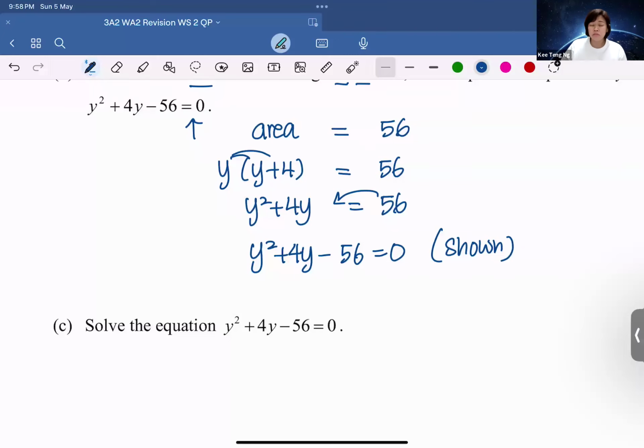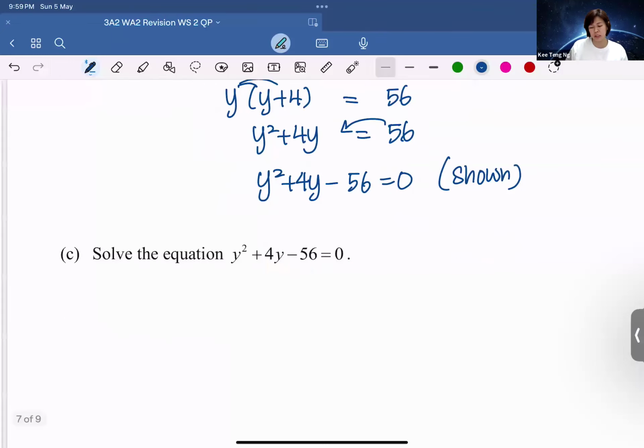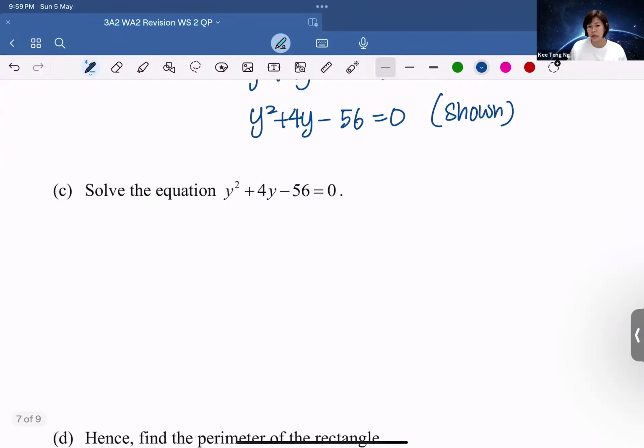Now, even if we are not able to show, we can still solve the equation, right? And you notice that for the second part, they did not say rounding off the numbers to decimal place or significant figures. So when it's not stated, we'll write everything in 3 significant figures. Okay. So let me solve the equation. A equals to 1, B equals to positive 4, C equals to negative 56. Take note that in this case the variable is letter y.